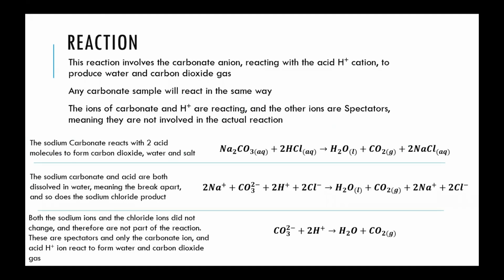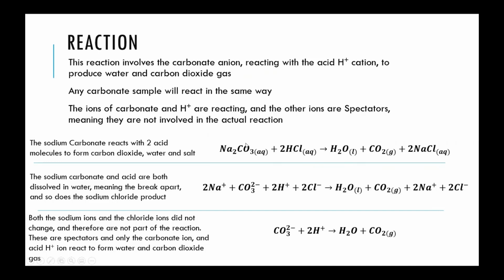This experiment focuses on the reaction of different carbonate samples with hydrochloric acid. So any type of carbonate compound will react with any sort of an acid to form water, carbon dioxide, and the salt of other ions.